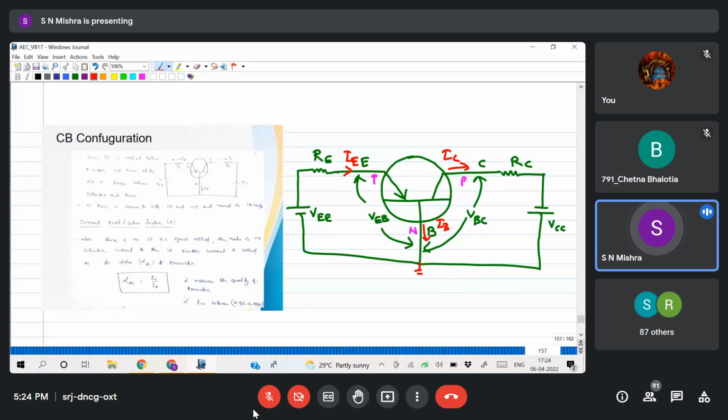Now what is my output current? With respect to base, the collector terminal is my output, and the emitter is the input. So what is my output current and what is my input current? Can anybody tell me? This side is output, this side is input.